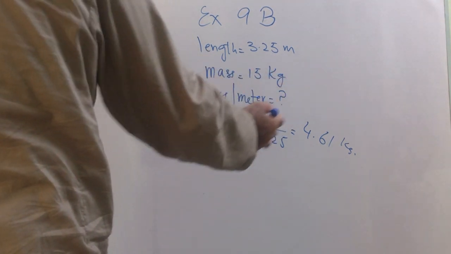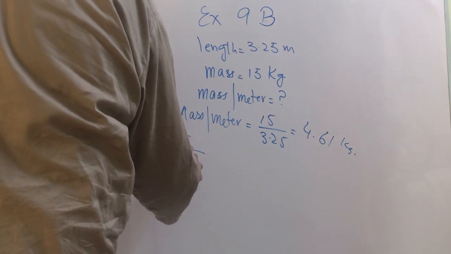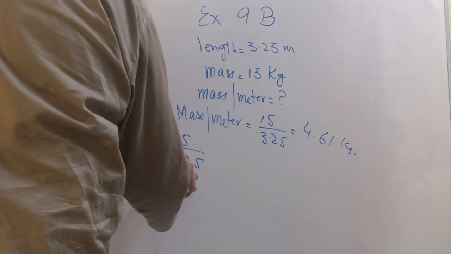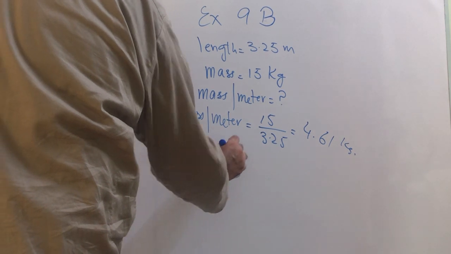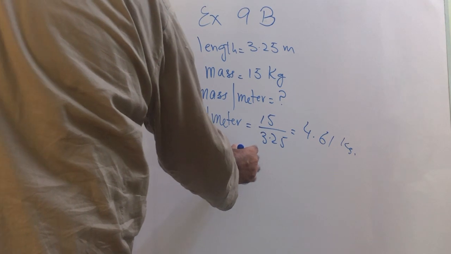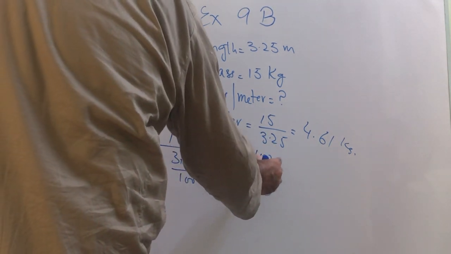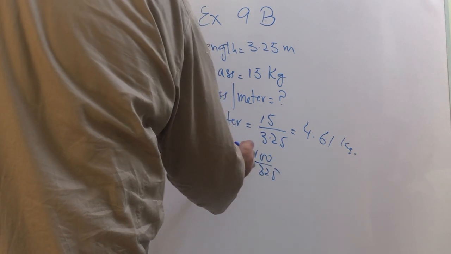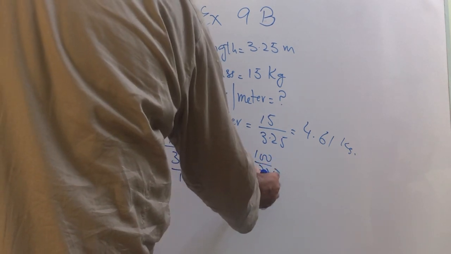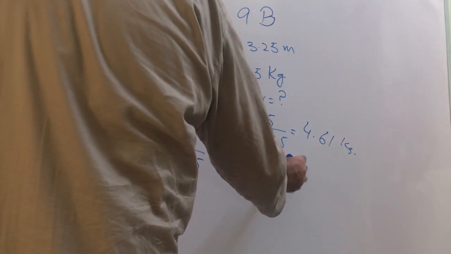If you want to convert it into fractions, you can do like this: 15 over 3.25. Remove this point, it becomes 100. When it is double division, then we flip it. Flip means 100 will be upside, 325 will be down. 5 3s are 15, 5 6s are 30, 5 5s are 25.